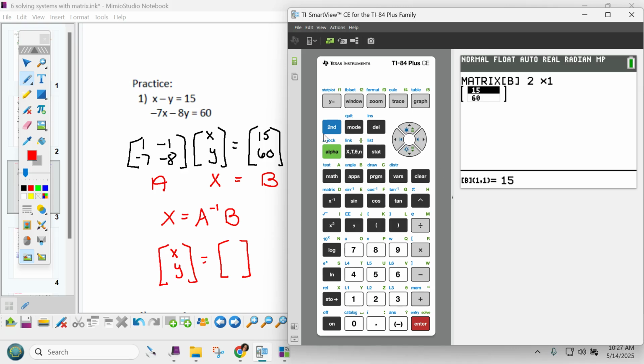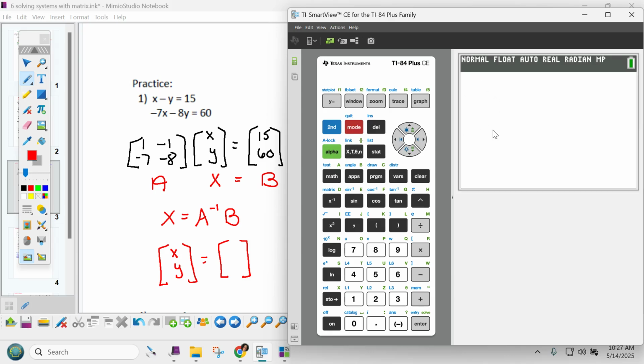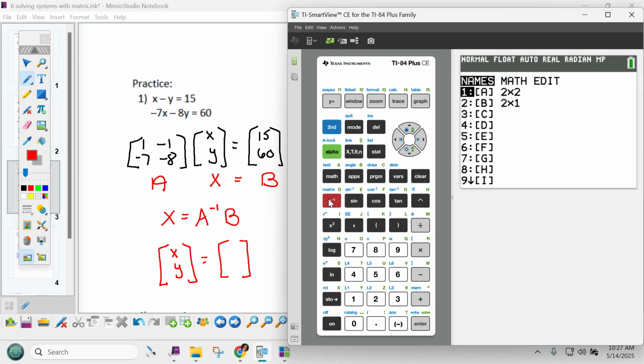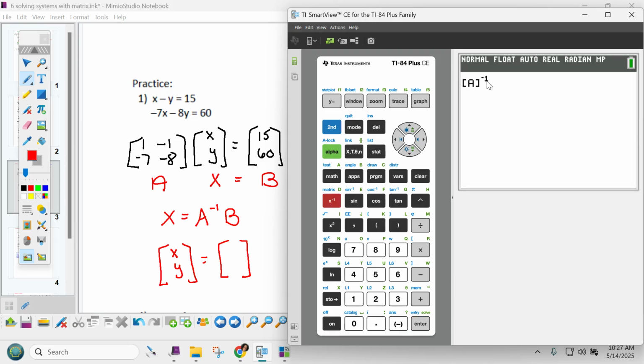Okay, so now we're going to go back to the main calculate screen. So we have to press second mode to quit, which gets me back to where I do the arithmetic. And now that I'm back on the calculation screen, we're going to go back to the matrix menu. So second matrix. And now I stay on names because I want to copy matrix A to my calculation screen. But I don't want just matrix A. I need A inverse. So I'm going to use the x to the -1 button to get that inverse notation.